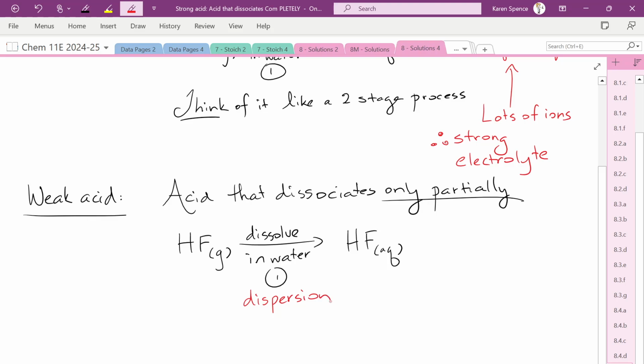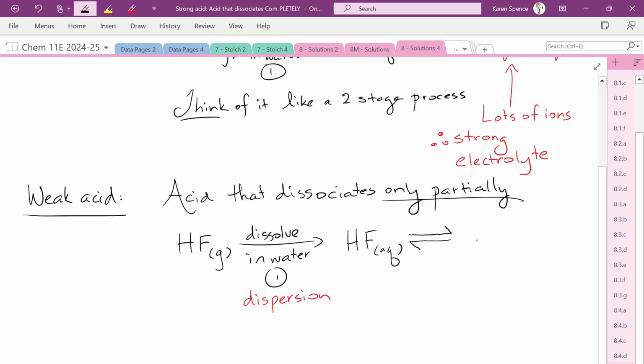And then, how do we write the arrow for a partial dissociation? We have one half of the arrow going this way and the other half of the arrow going the other way. We sometimes call it a double harpoon, because harpoons have that kind of spear shape with the hook on one side.